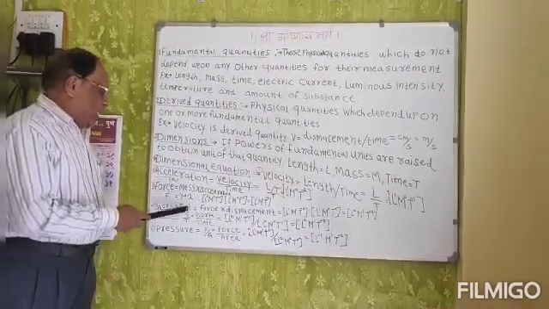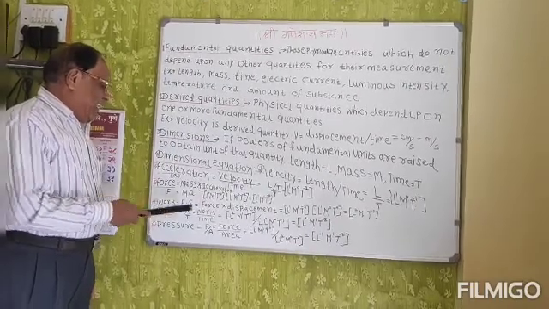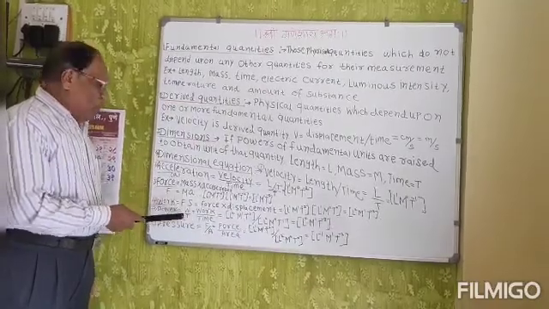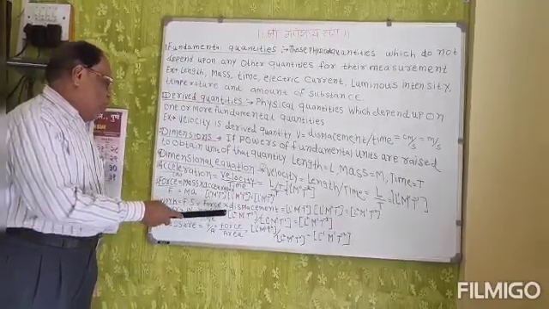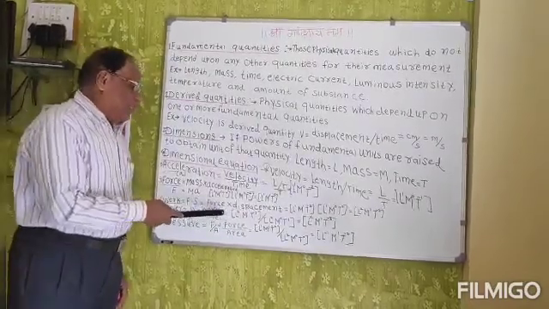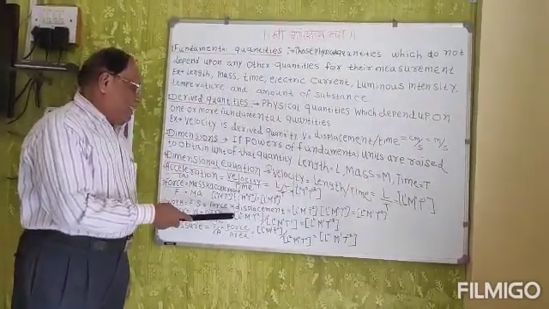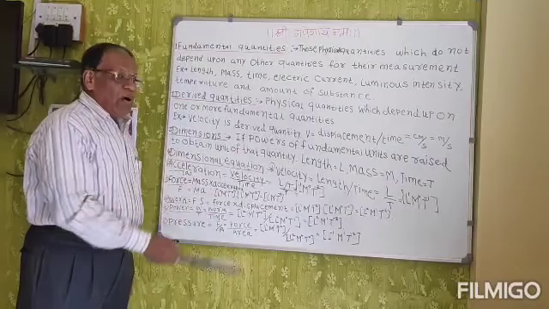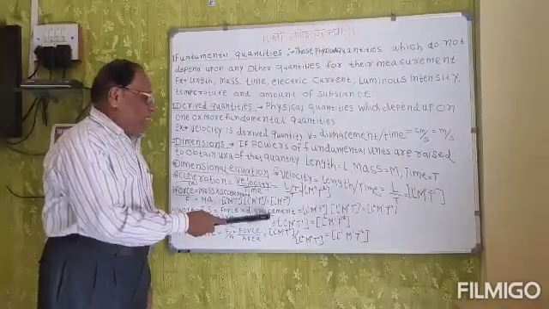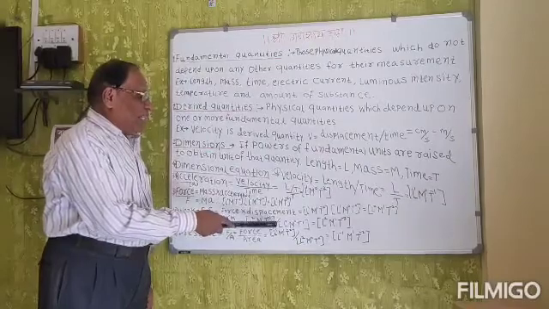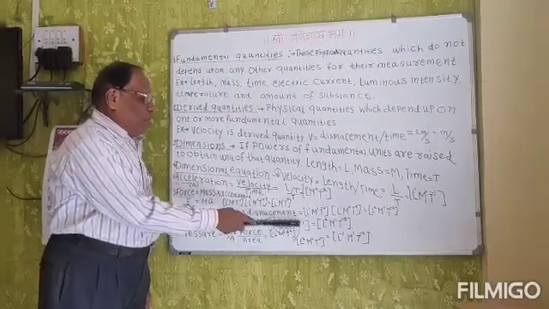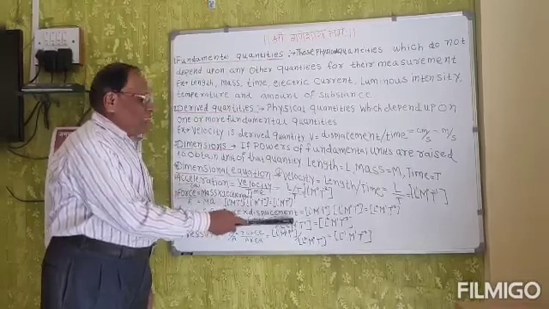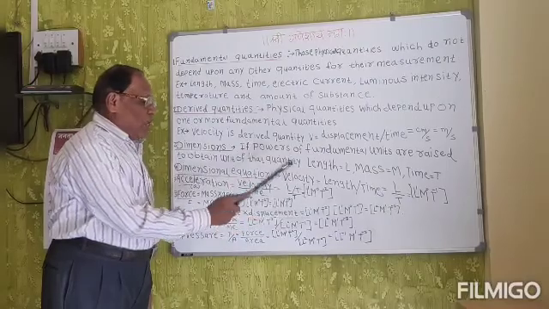Power also depends upon the formula of work, and therefore we define power as the rate of doing work, so power P is equal to work W upon time T. We write the dimensional equation of work, length to the power 2, mass to the power 1, time to the power minus 2, divided by the dimensional equation of time, length to the power 0, mass to the power 0, and time to the power 1.